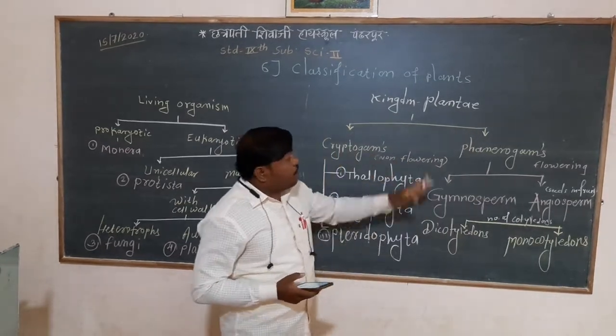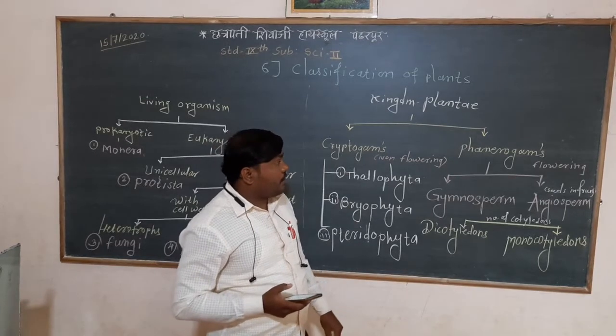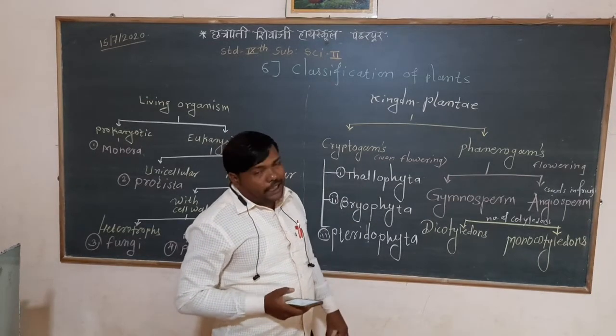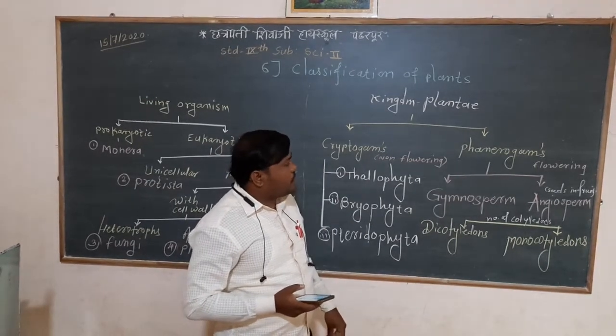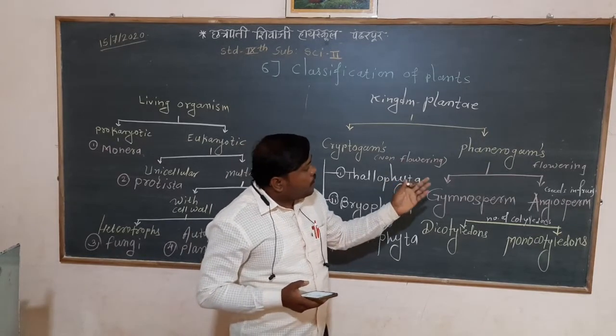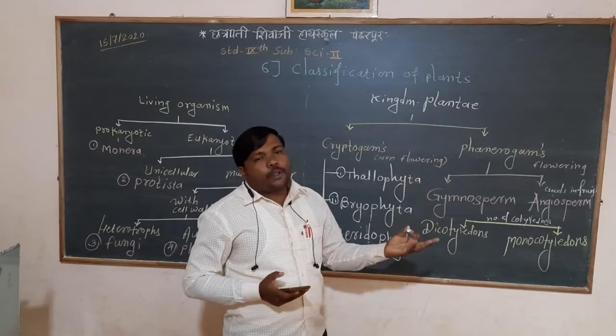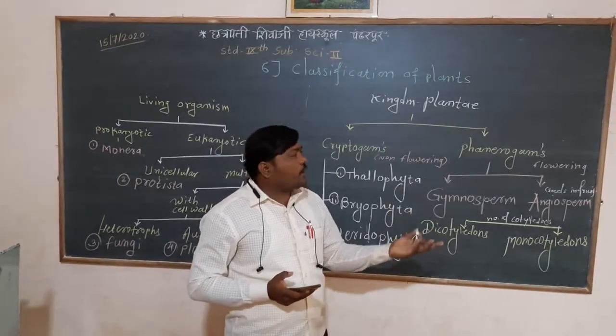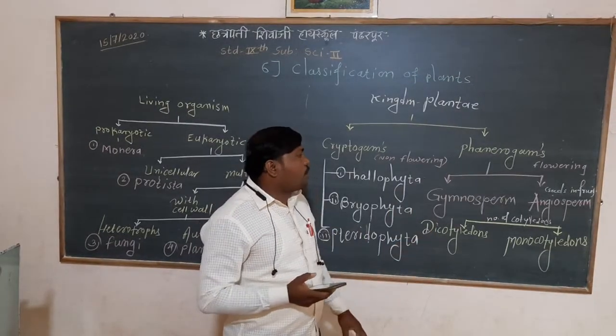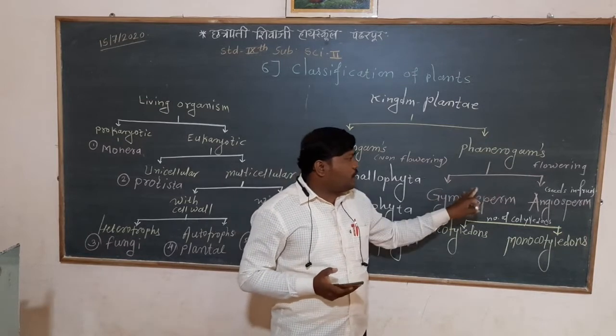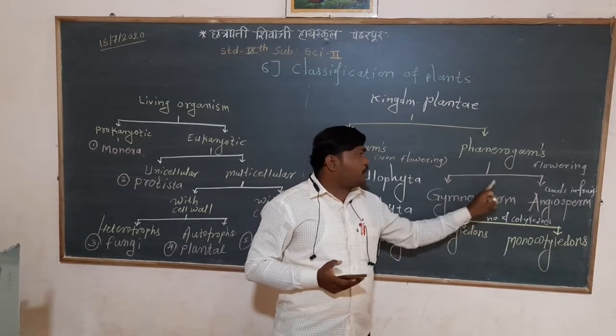In the phanerogams, the flowering plants, the seed bearing plants, the seed is either enclosed in the fruit or out of the fruit. Depending upon that, they are classified into 2 groups.